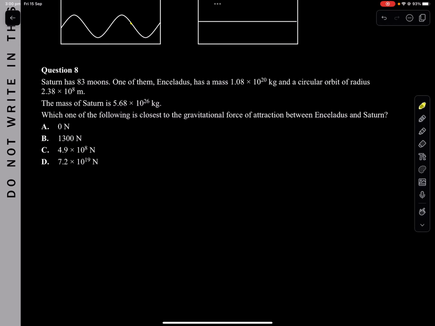Question 8. Saturn has 83 moons. One of them has a mass of this and a circular orbit of radius this. The mass of Saturn is this. Which of the following is closer to the gravitational force of attraction between this moon and Saturn?